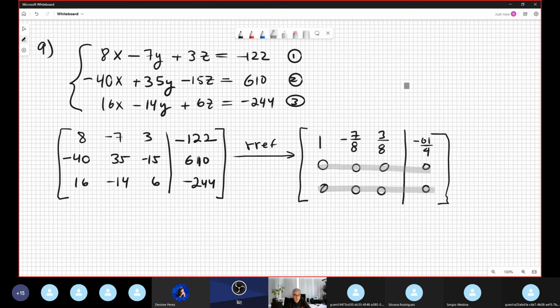Of course, the computer helped me to understand the system. Now I see that you multiply by negative 5, sorry: 8 times negative 5 is negative 40, negative 7 times negative 5 is positive 35, and so on. It's obvious that you have two equations that are completely dependent.